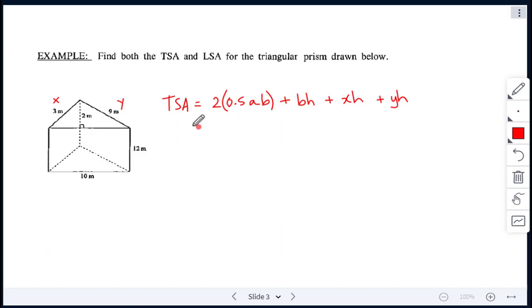All right, so let's substitute everything we know so we can calculate total surface area. The altitude of this triangle is 2. The base of the triangle here is 10. Next we have our first rectangle, base times height. I'll just outline it here. It will be this one, which is going to be 10 times 12.